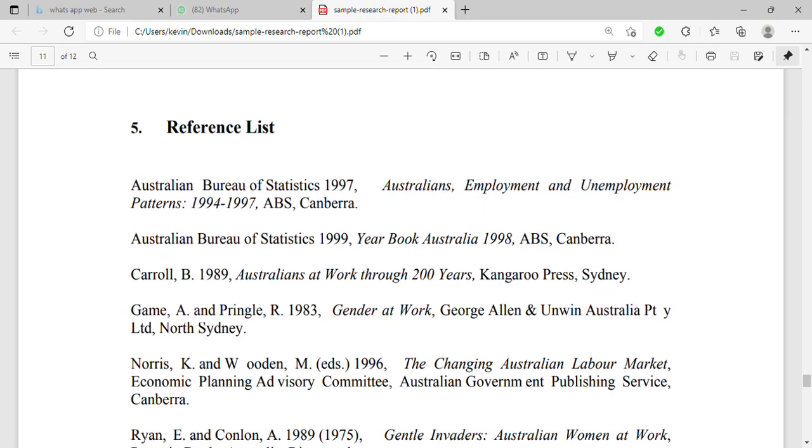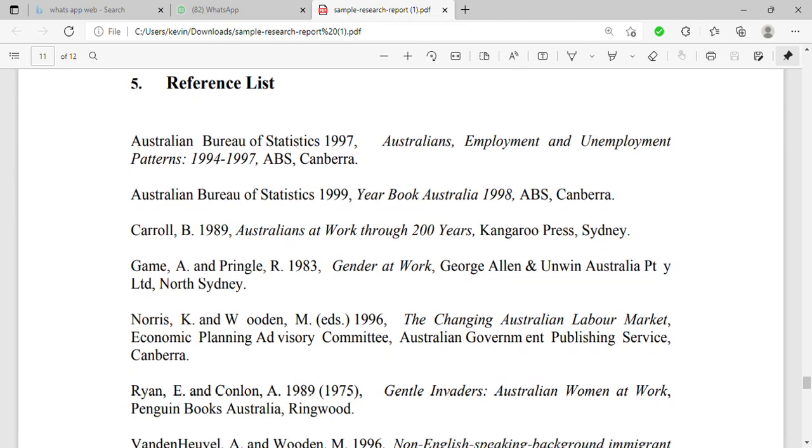Then, under our chapter of recommendation and conclusion, we also have references. Reference is an acknowledgement of the source of your study. When we are writing references, we use the American Psychological Association format. When we are referencing, the first thing you write is the name of the author.